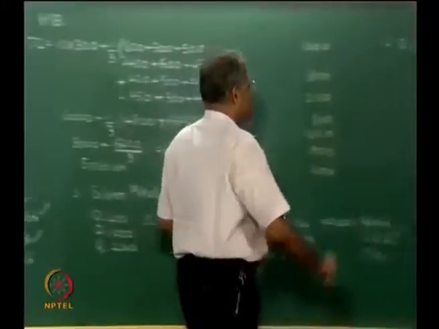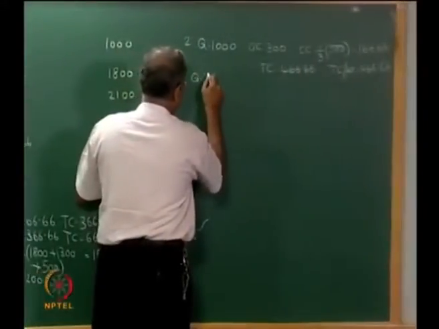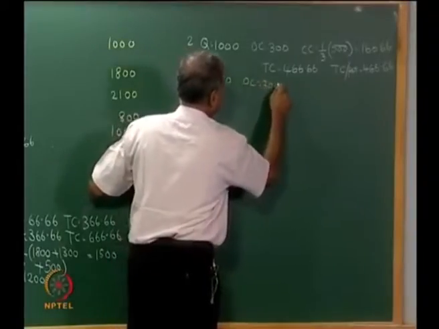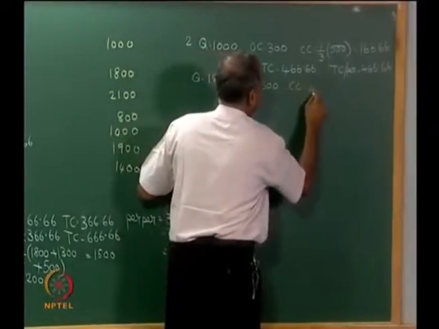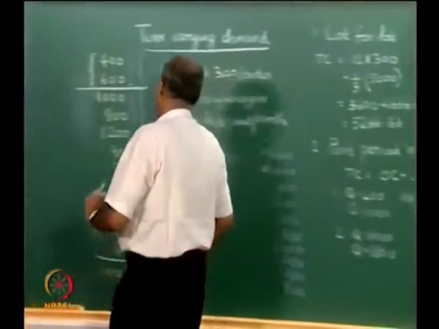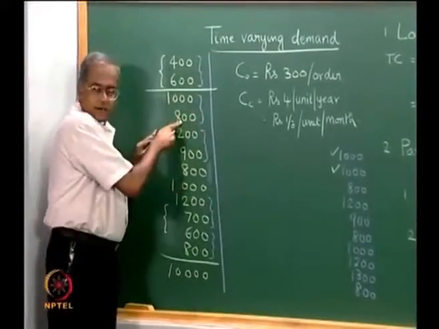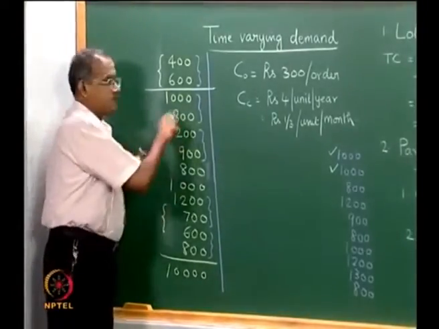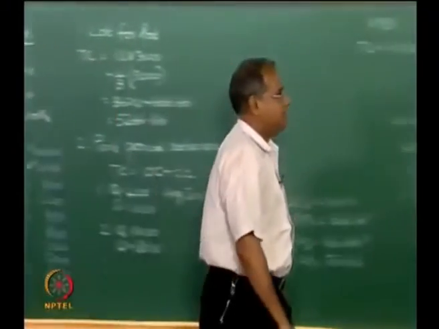So, q equal to 1800, order cost is 300, carrying cost is 1 by 3 into 1800 plus 800 divided by 2 which is 1300, plus 400. So, 1700.